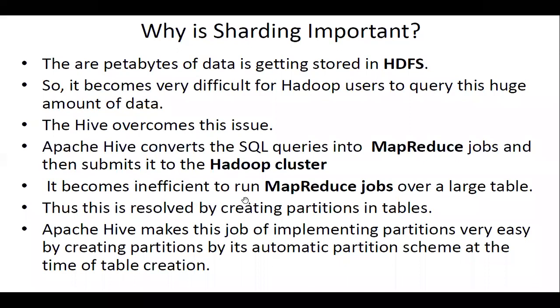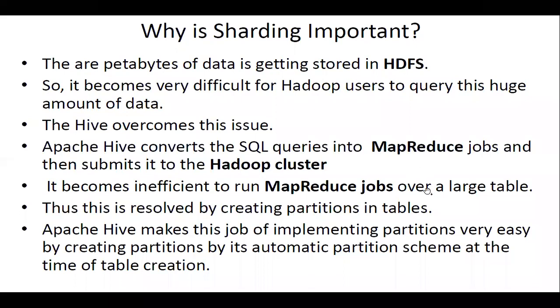Here it becomes inefficient to run a MapReduce job over a large table. If the table size is very huge, working on the MapReduce job will be very, very tedious, right? Even if you are running the entire data on multiple clusters or multiple servers, the MapReduce job will be tedious. So we resolve this by creating partitions in tables.